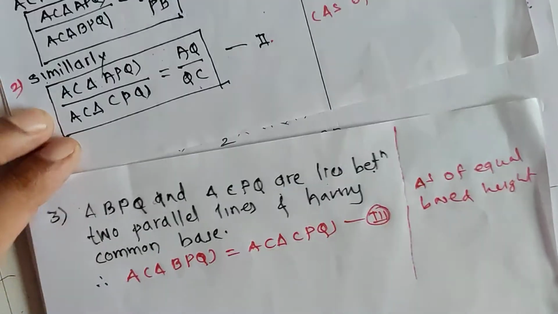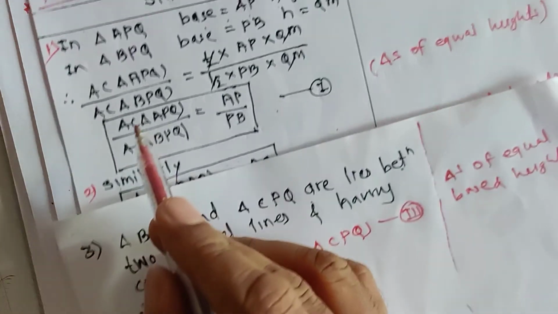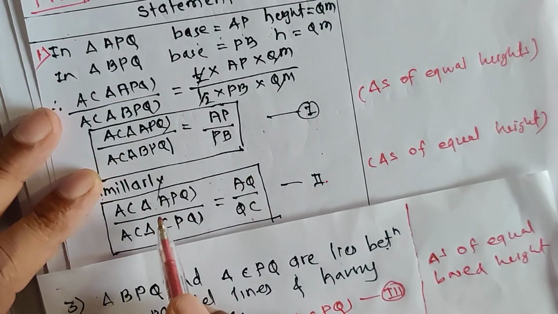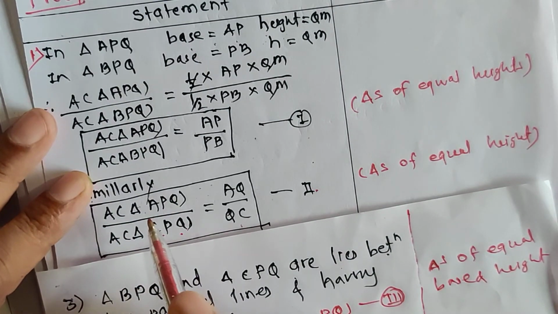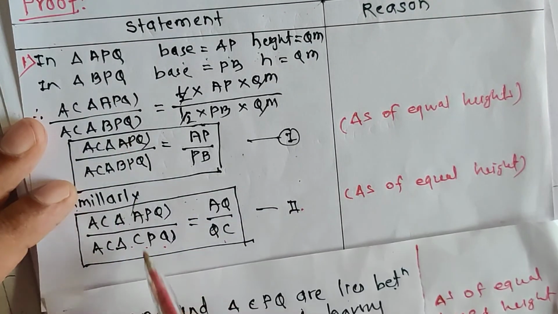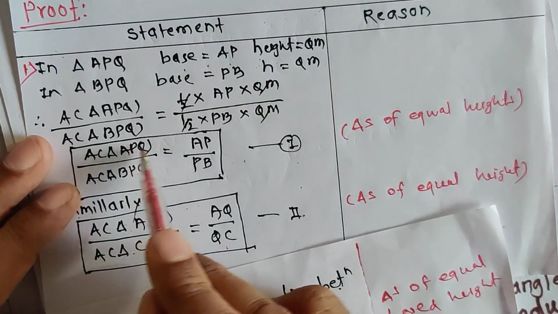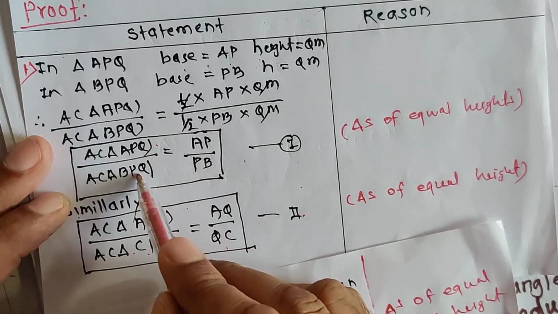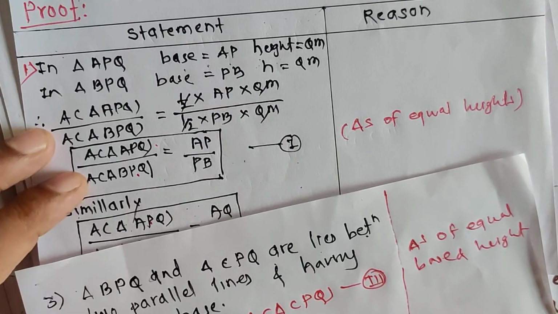If you observe the first one, this ratio, area of triangle APQ upon BPQ, and this second ratio APQ upon CPQ, two ratios are equal. These two ratios become equal if their numerator and denominator both are equal. Numerators are APQ on left hand side 1 and 2. Denominators are BPQ, CPQ, but from 3, these areas are also equal.